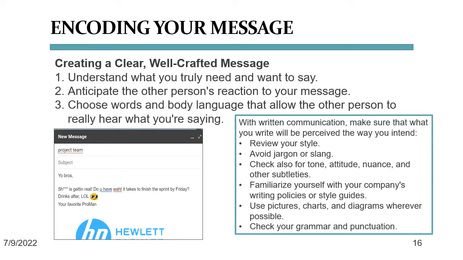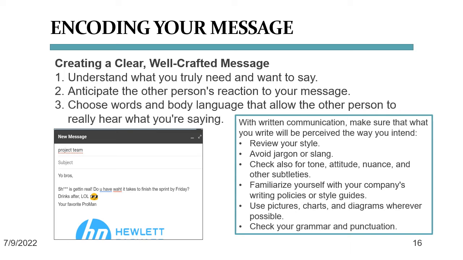The next step is encoding, creating a clear, well-crafted message. When you know what you want to say, decide exactly how you'll say it. You're responsible for sending a message that's clear and concise. To achieve this, you need to consider not only what you'll say, but also how you think the recipient will perceive it. We often focus on the message that we want to send and the way in which we'll send it.